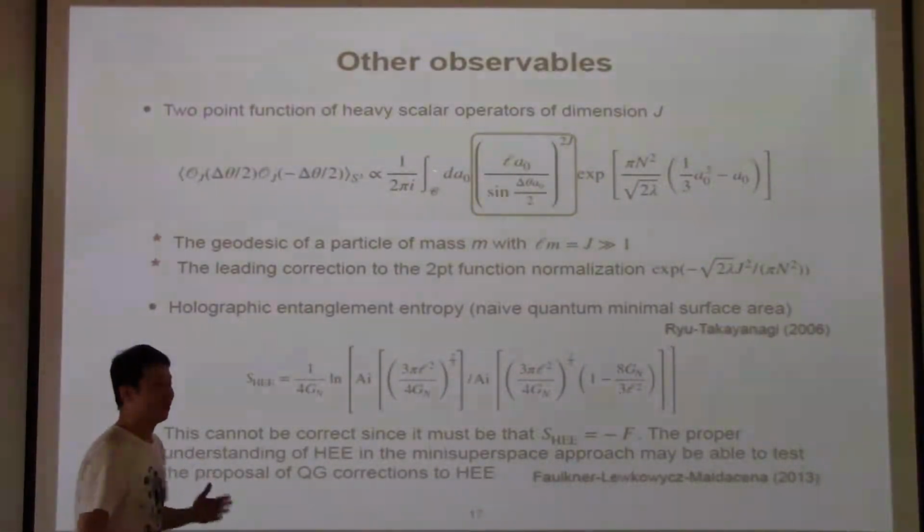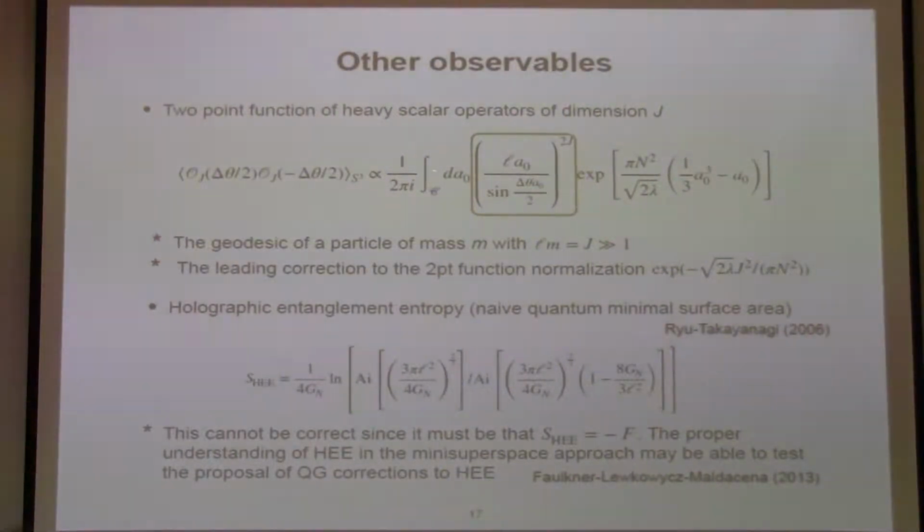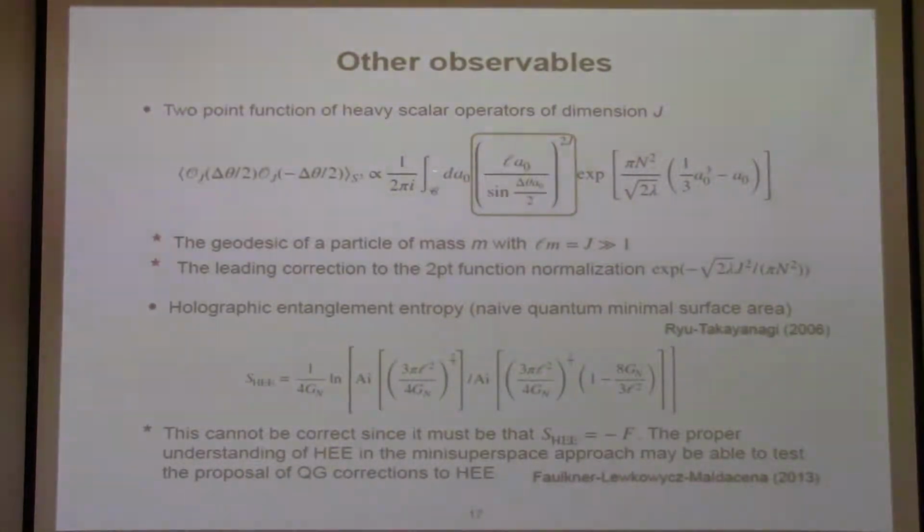Now, there are lots of questions I cannot answer. Sorry. But we can go on to calculate something else and see to what extent this really works. For example, we can compute a two-point function of heavy operators, because in that case we can approximate the two-point function by a geodesic.